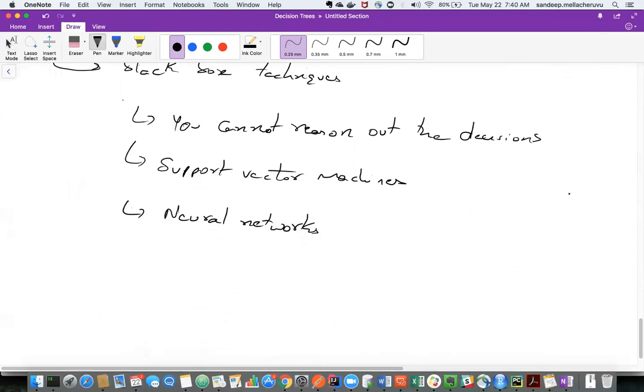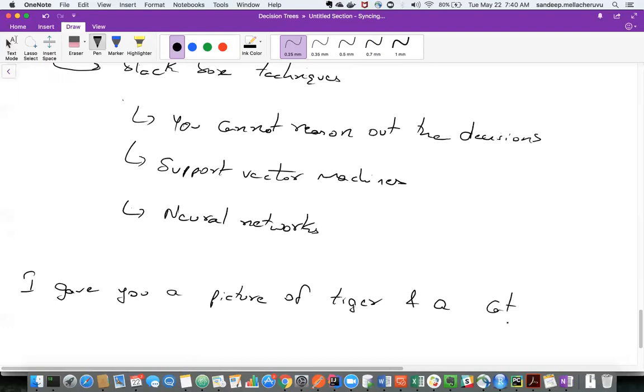Okay, are you clear so far? I'll give you a simple example. I gave you 2 pictures.